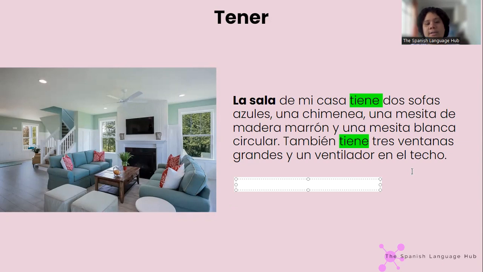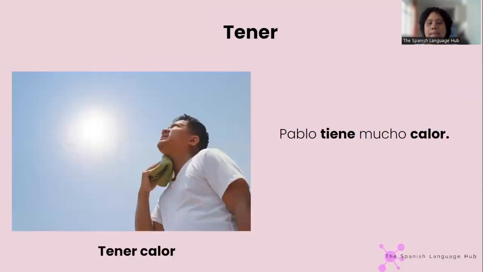And at the beginning, instead of la sala tiene, the living room has, you say en la sala hay. In the living room there is, or there are. Okay? That is very much the difference here. We talk about possession, or we talk about listing the things that we have in one place.